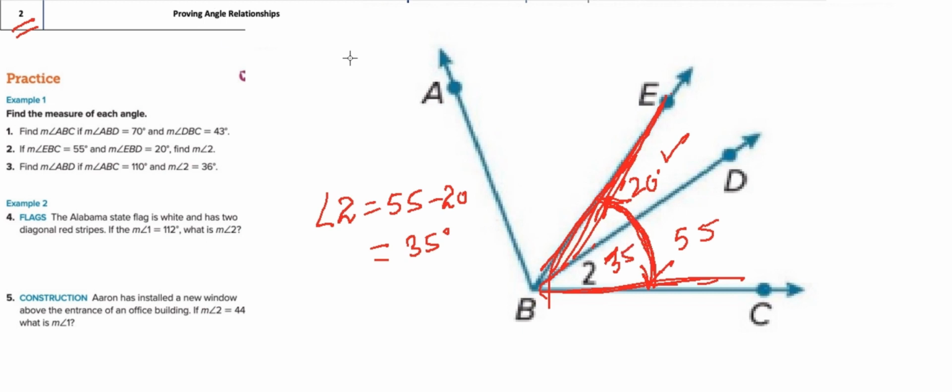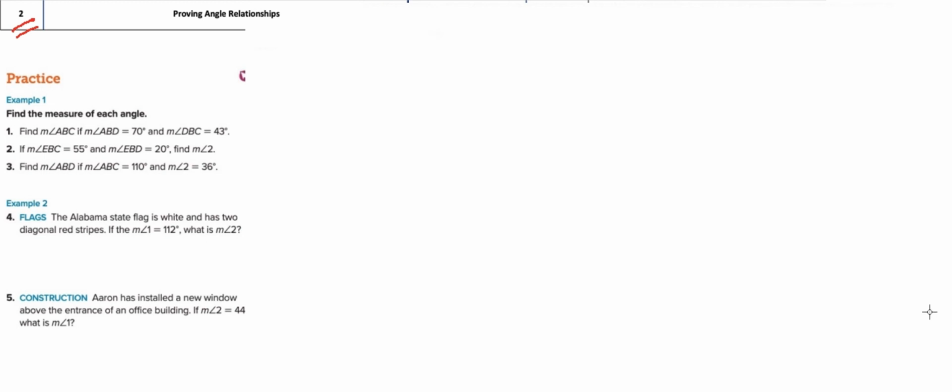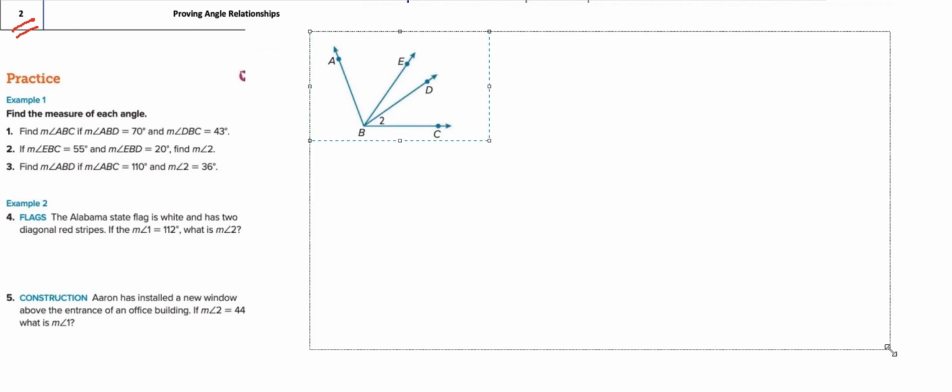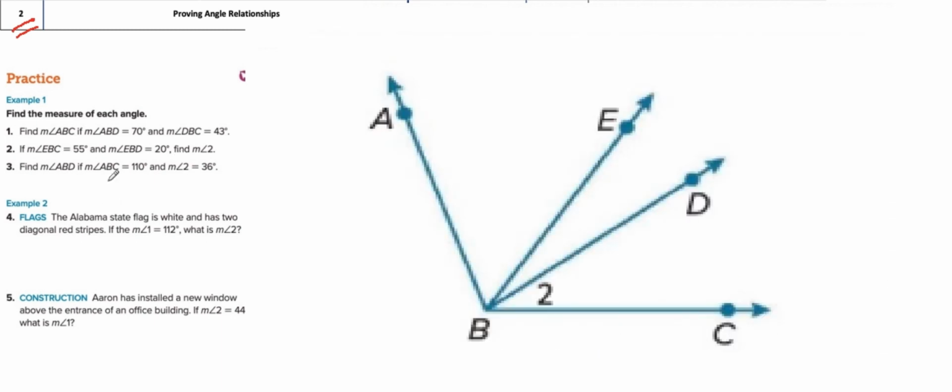Then look at angle 3. Let me take the diagram again. So what will this be? Complete angle ABC is given as 110. And angle 2 is given as 36 degrees. We need to find out ABD.